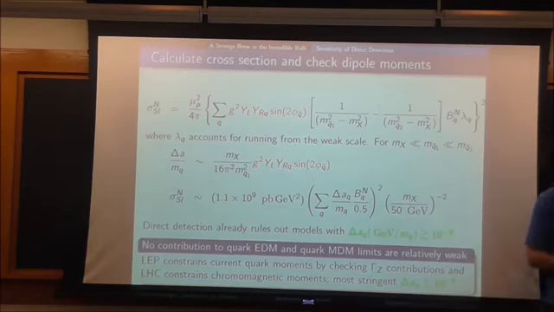So unlike leptons, constraints on quark dipole moments are relatively weak. Instead of things like 10 to the minus 9 or 10 to the minus 10, LEP and LHC put you at like 10 to the minus 5. So everything I'll show in the next few plots, dipole moment constraints are relatively not useful compared with direct detection.